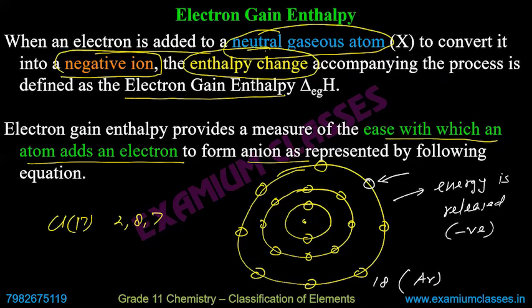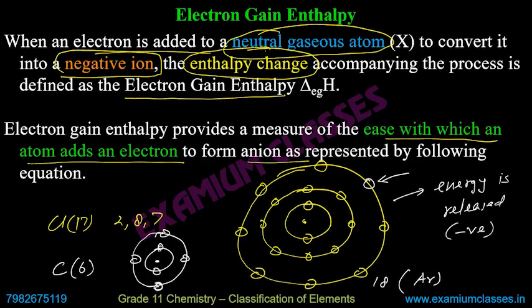But suppose I am talking about carbon. Carbon has 6 electrons, means 2 electrons and then 4 electrons. Now, if it gains 1 electron, it is not going to achieve noble gas configuration or even a stable state configuration.